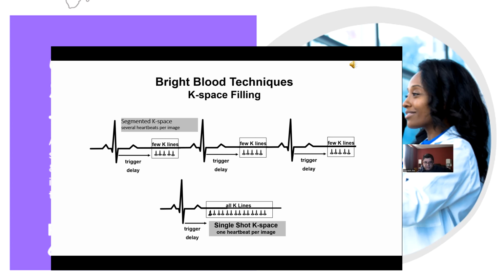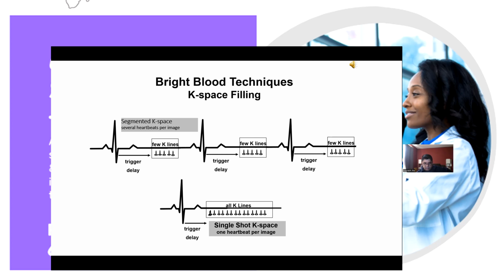So this segmenting of the K-space that you need to collect across the heartbeats is known as segmented K-space imaging. So you can understand instantly a few things. The number of lines of K-space that you ascribe to any particular heartbeat, let's say you collect 24 lines of K-space instead of 16, you would have collected your requisite K-space faster, right?